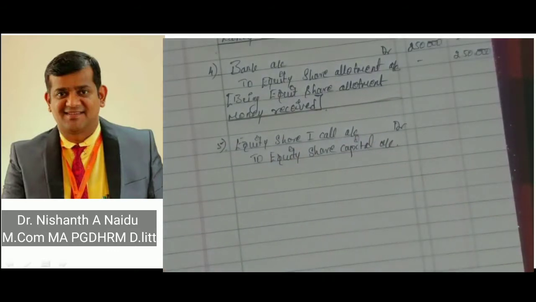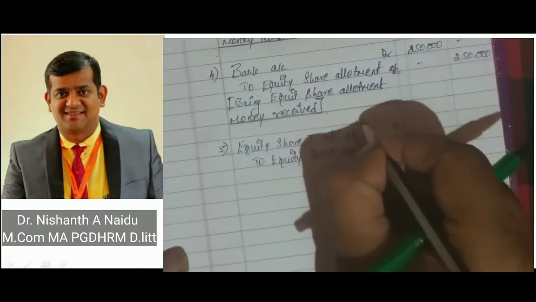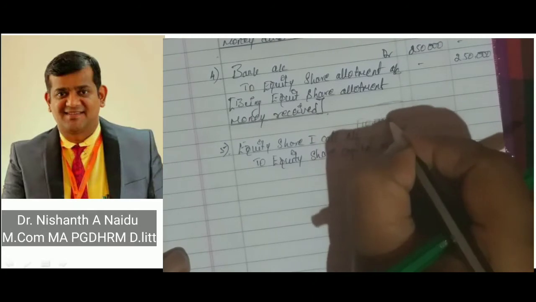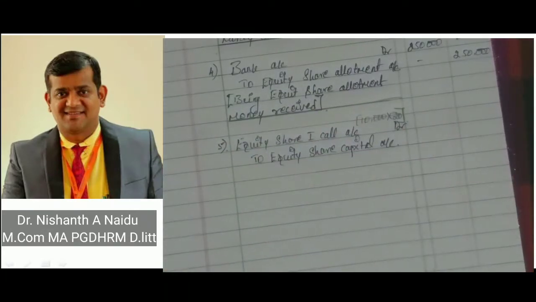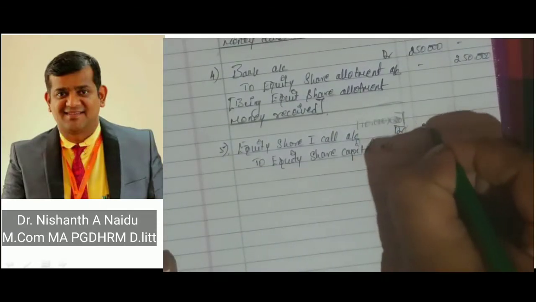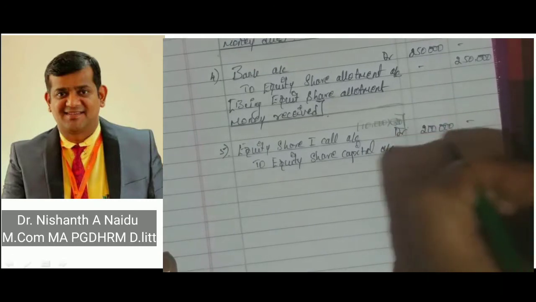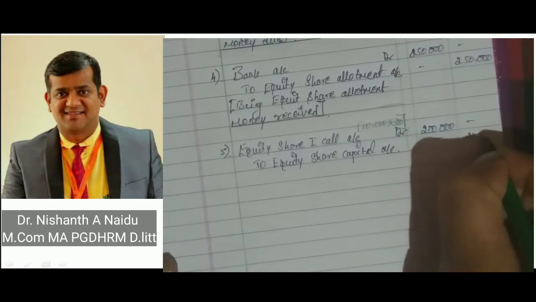So how much is the first call money due? That is again 20 rupees. So 10,000 into 20. So you should write this calculation so that you will have clarity. So 10,000 into 20 again 2 lakh, 2 lakh.